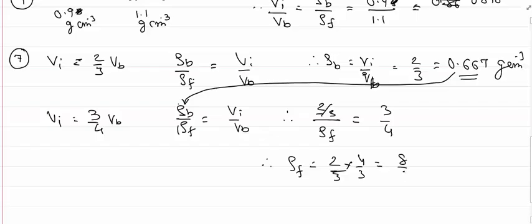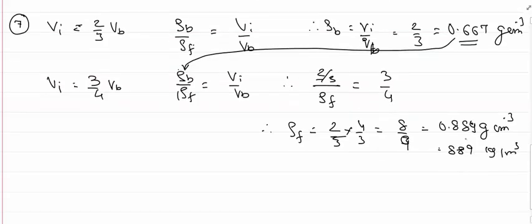That will be 8 by 9, which is equal to 0.889 gram per centimeter cube. And if you multiply it by 1000, you will get 889 kg per meter cube.